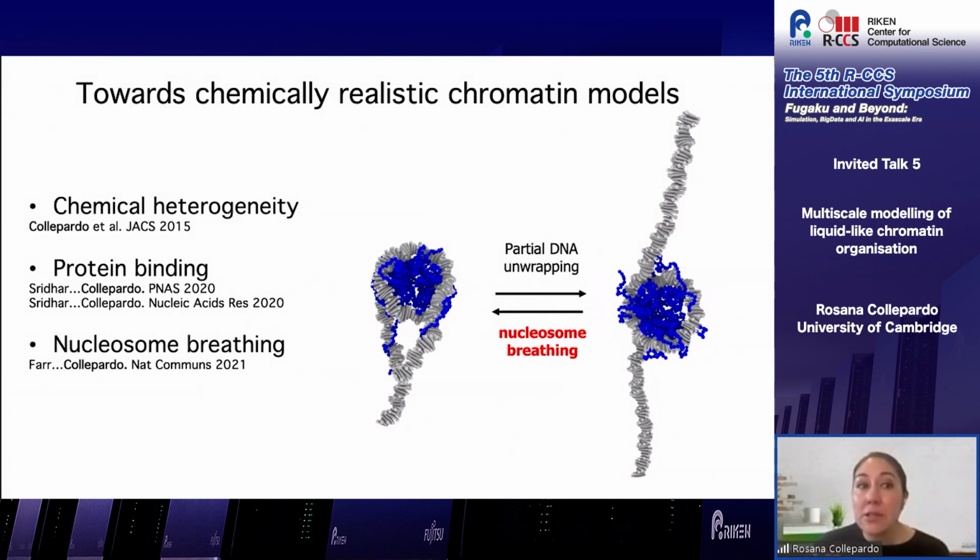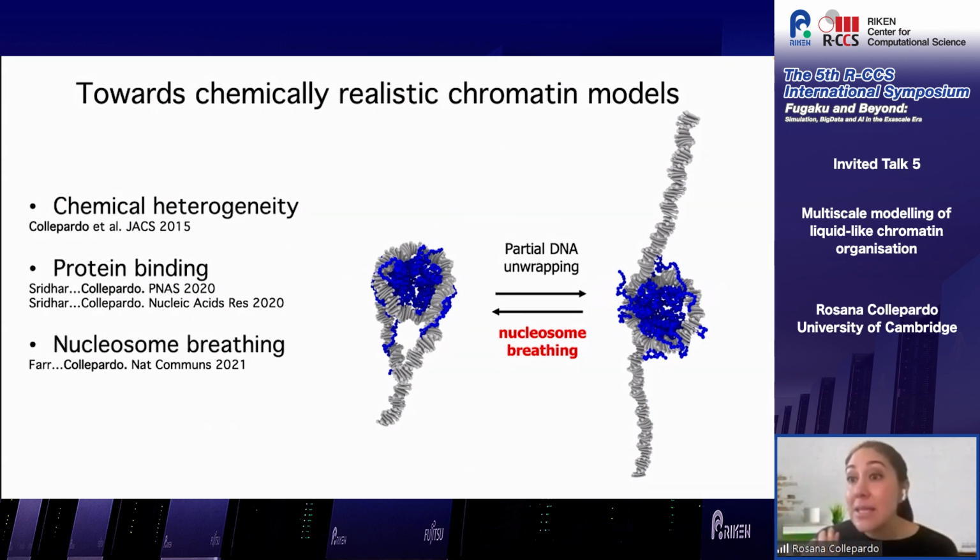Now, to try to get a little bit closer to mimicking, at least in part, this enormous complexity of physicochemical diversity of in vivo chromatin, we are developing coarse grain models that address a few points that we consider crucial. One is the chemical heterogeneity of the proteins and the DNA, the ability of proteins to target chromatin and transform its organization, and a key observation that has been largely overlooked, and is the idea that nucleosomes themselves are not rigid particles, they are actually quite plastic, deformable.